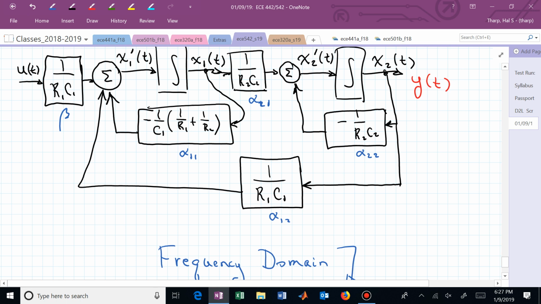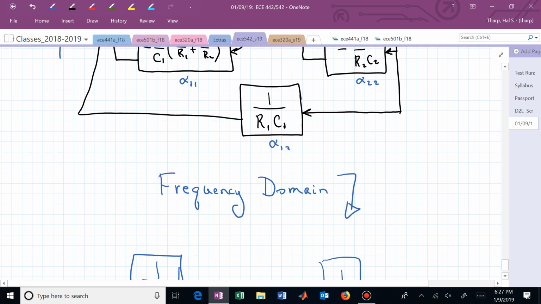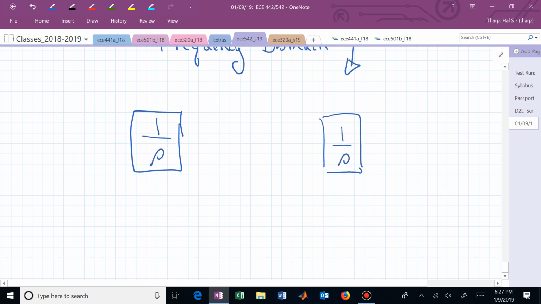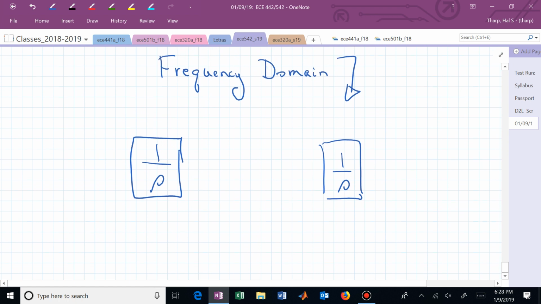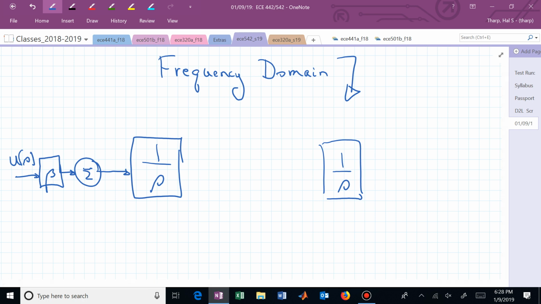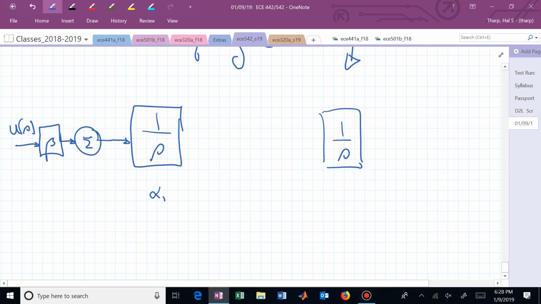Now I can draw the block diagram in the frequency domain, which has exactly the same structure. It's just now these integration operations are replaced with blocks that are 1 over s blocks. Where now I have, coming into this, a beta gain. There's the Laplace transform of that input signal, so that's now u of s. Here I had an alpha 1, 1.